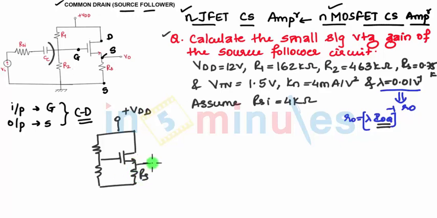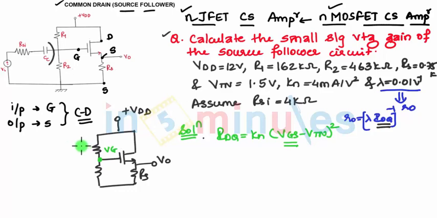Now the formula to find IDQ: you know IDQ for an N channel is Kn (VGS minus VTN) the whole square. Now we don't know the value of VGS. We can find the voltage at this point as VG. R1 and R2 are given in the question, and this is nothing but your VGS.